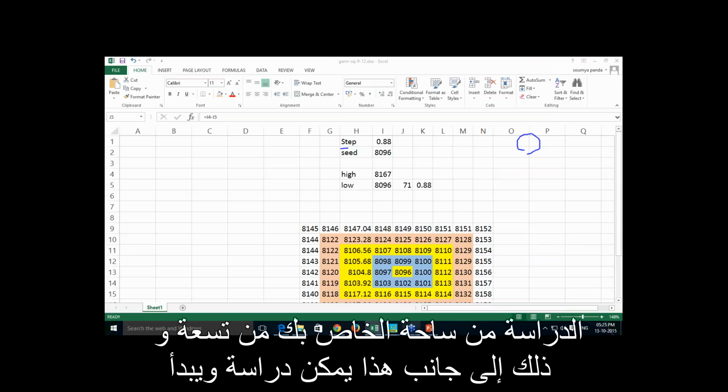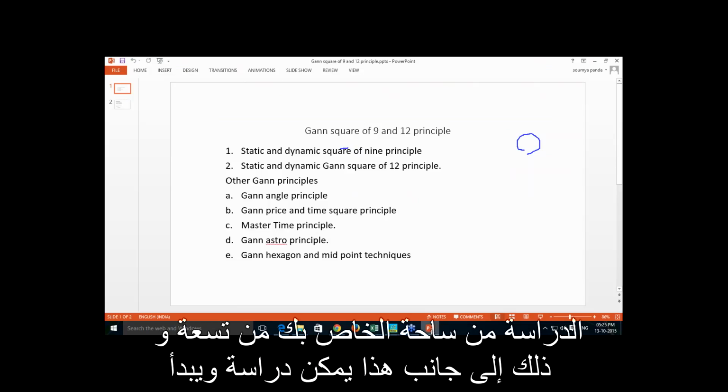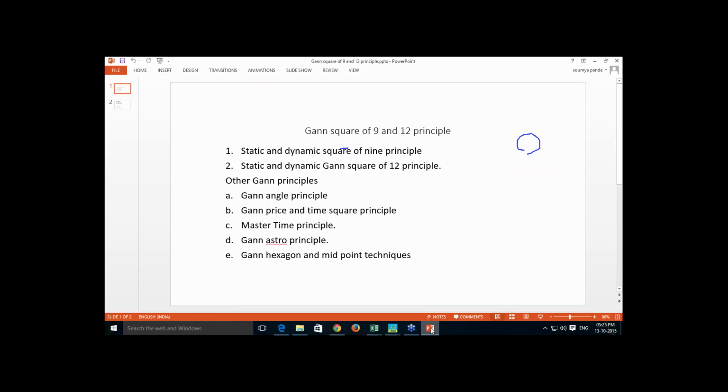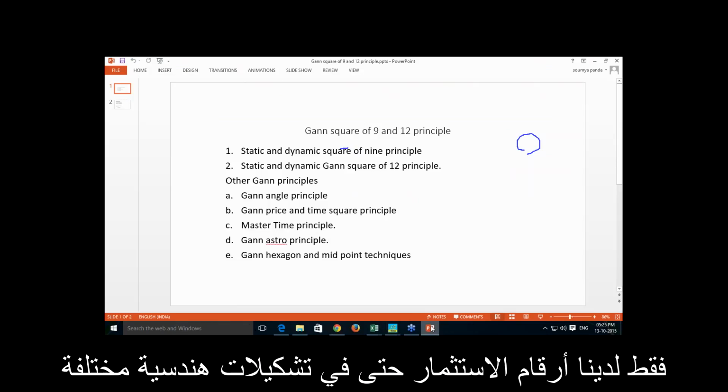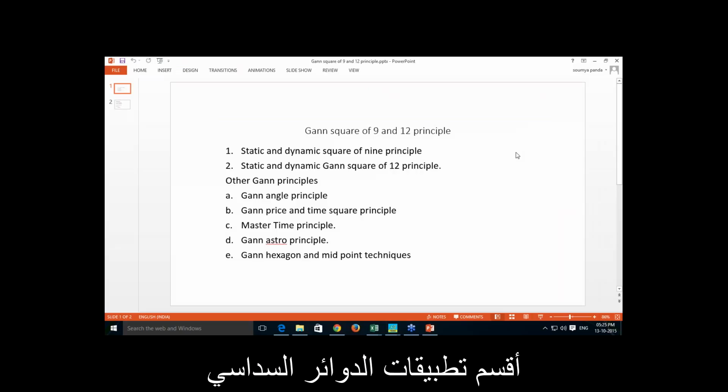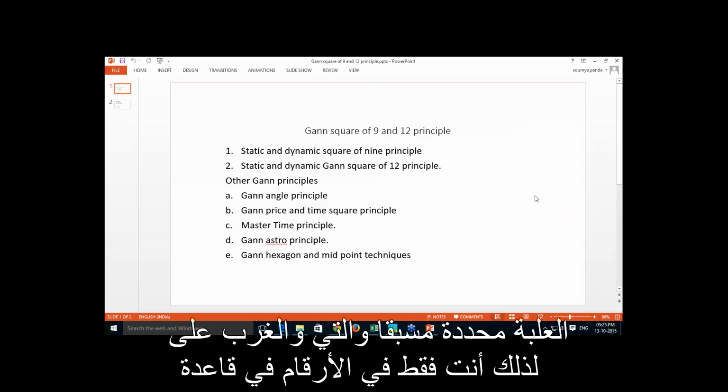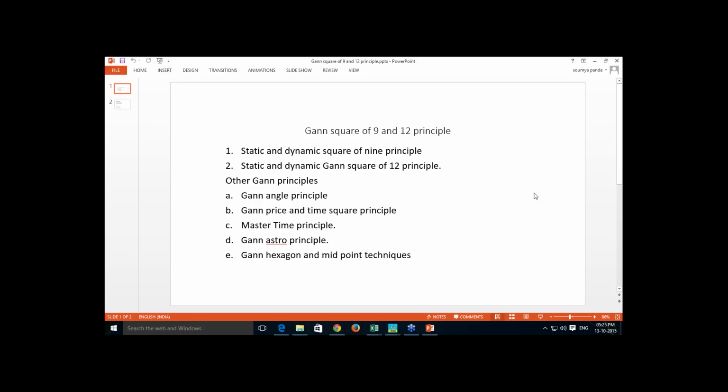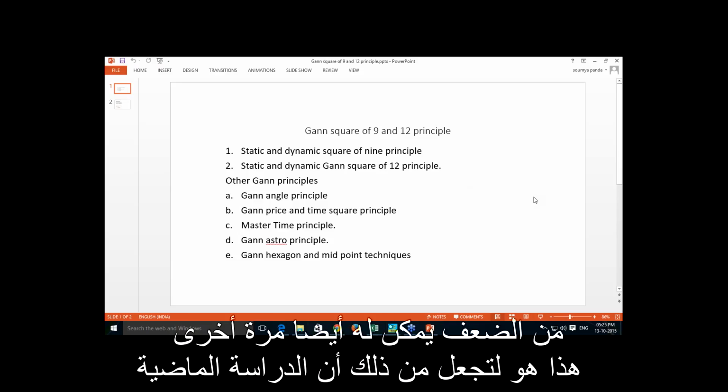Besides this, Gann study starts from your square of 9 and square of 12, just arrangement of numbers in different geometrical configurations, squares, hexagons, circles. You arrange the numbers by a predefined Gann rule and based on that you take a call. So that is the first study of WD Gann.